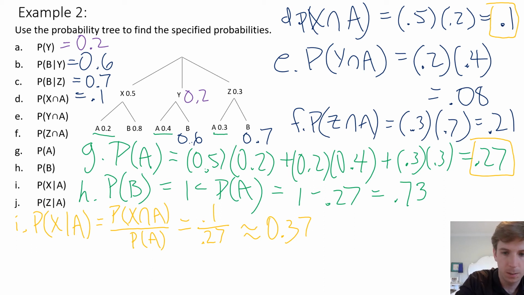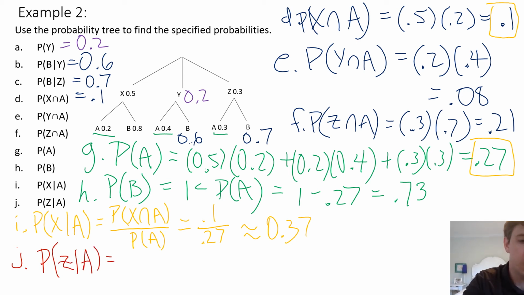All right, and then last one here. Part J, probability of Z given A. Once again, we're going to want to use that conditional probability formula.